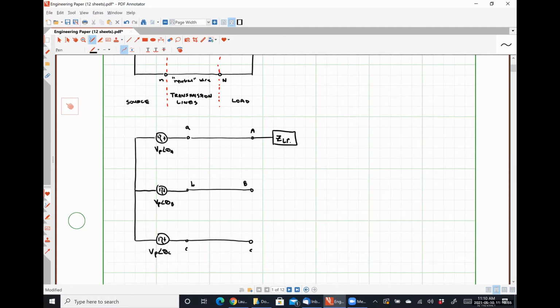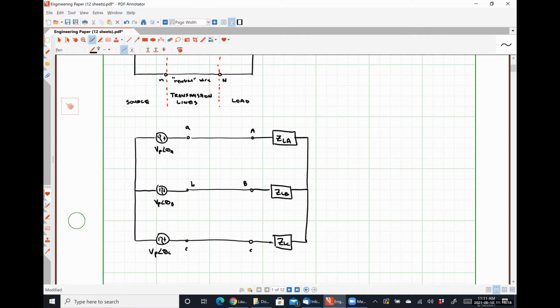So I'm going to call this ZLA, representing the A phase of the load. ZLB for the B phase of the load. And ZLC for the C phase of the load.